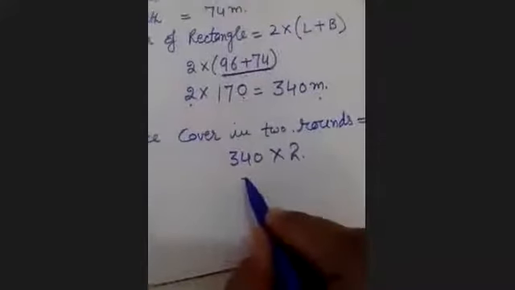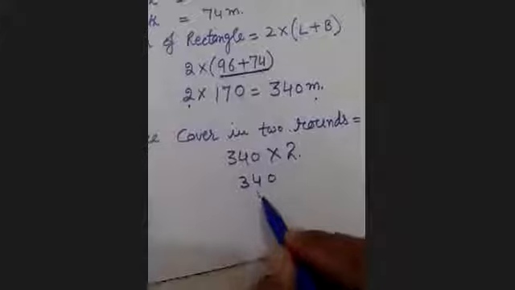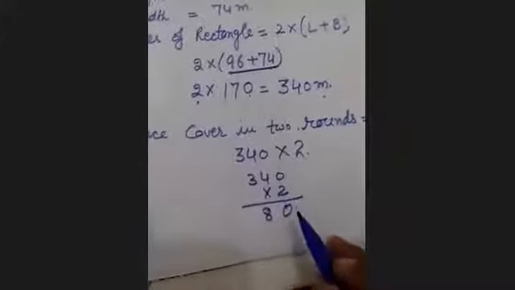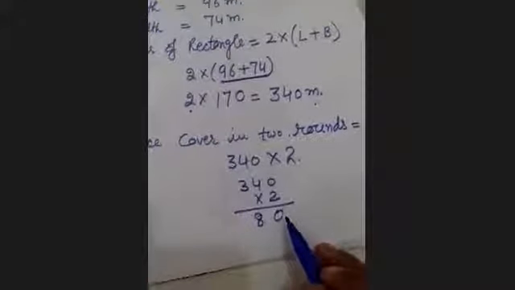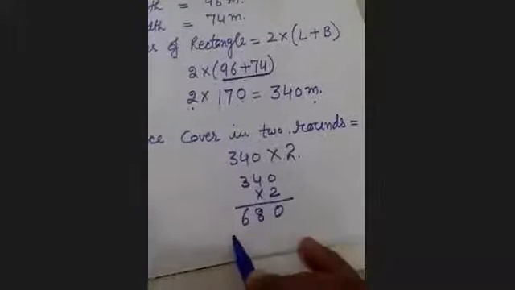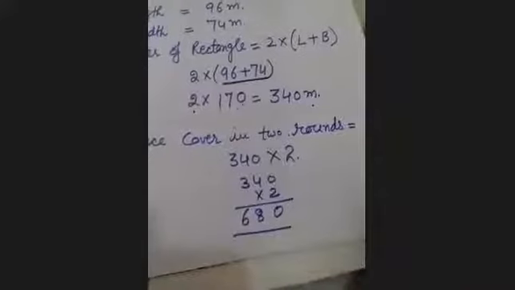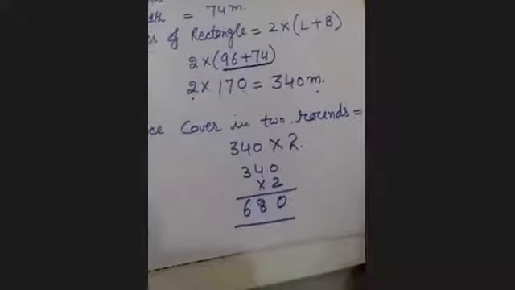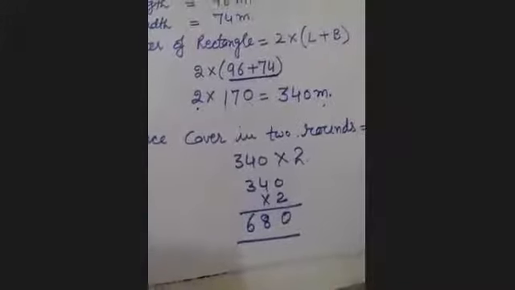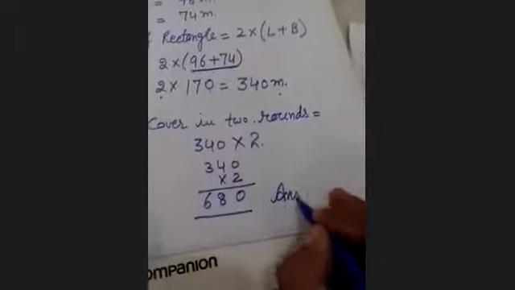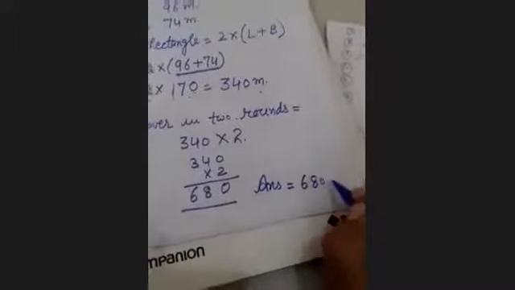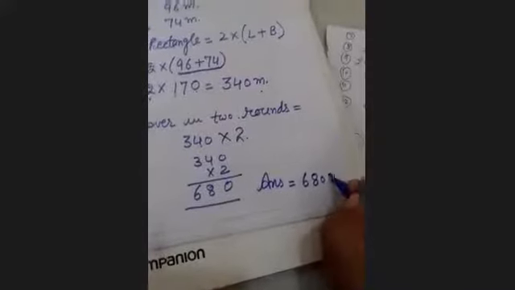Now multiply 340 multiplied by 2. 0, 8 and 6. So distance covered in 2 rounds is 680 meter. Now your answer is 680 meter.